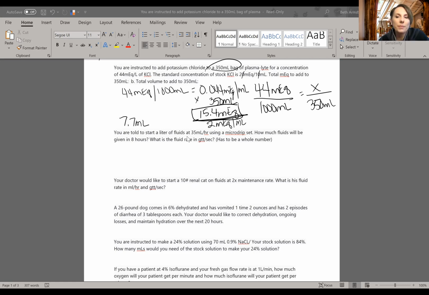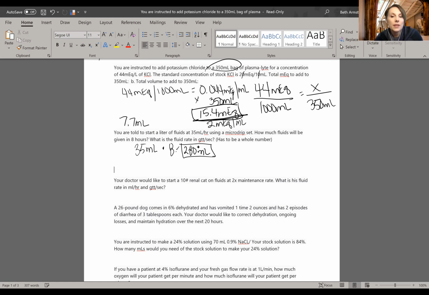So how much of those fluids will be given in 8 hours if we are starting our fluids at 35 mils an hour? Don't even worry about using a microdrip set. Great. So if we're taking 35 mils and then doing 8 hours, it's 280 mils in those 8 hours, right?